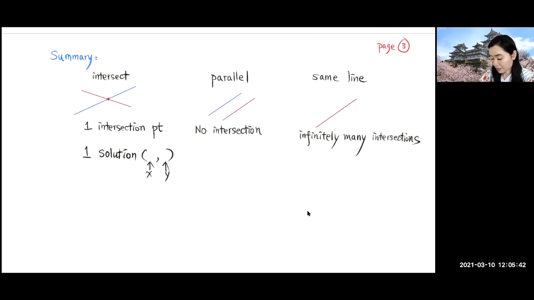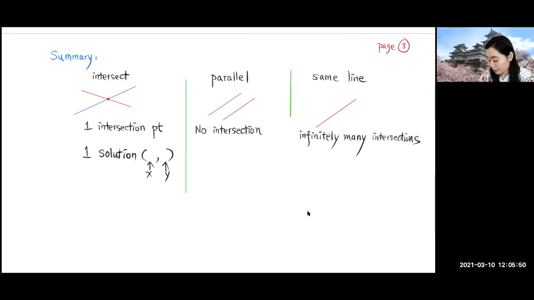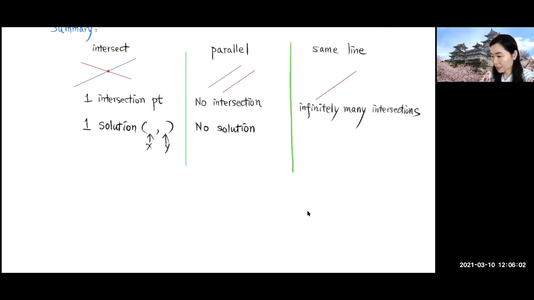Now what about this? No solution? You got it. No intersection point, then no solution. Good job.